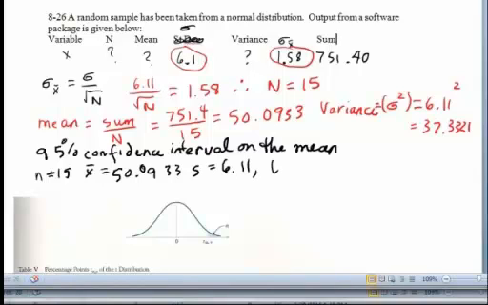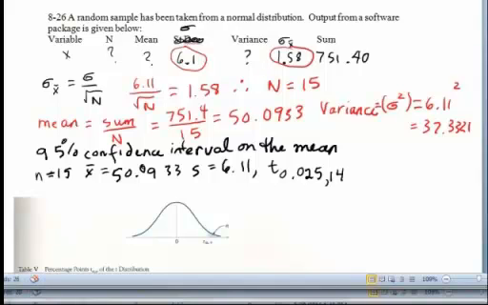And now what we're looking for is t of 0.025, because we're looking for a two-sided confidence interval, with a number of degrees of freedom. Be careful here, it is n minus 1, so it'll be 14.